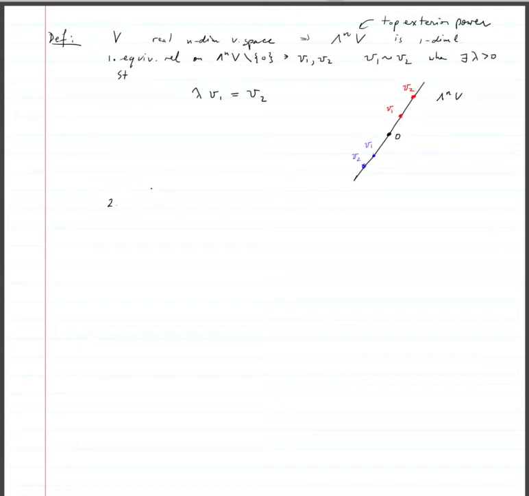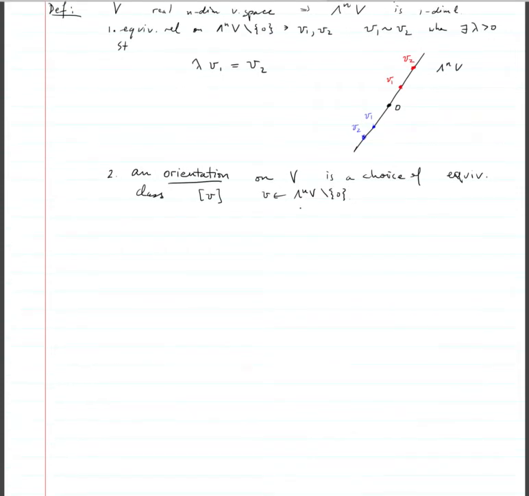And the second part of the definition is that an orientation on V is a choice of equivalence class.